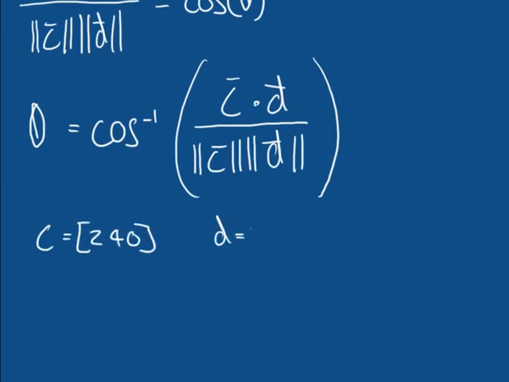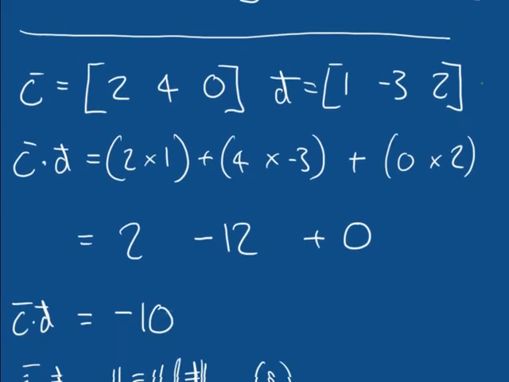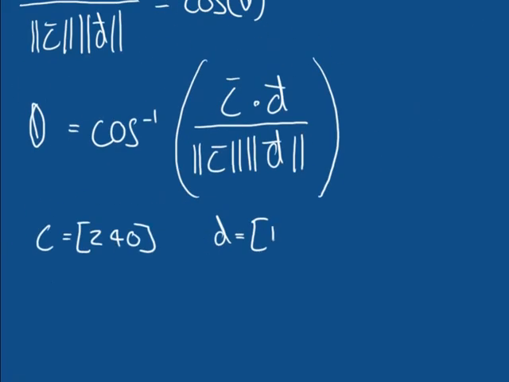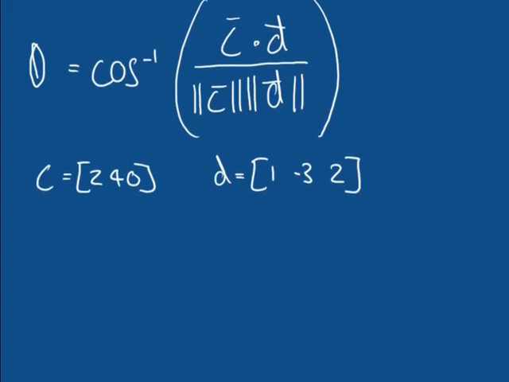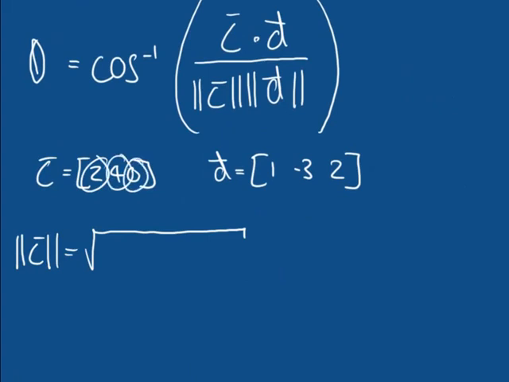And d is equal to 1, minus 3, 2. Fantastic. So we can calculate the length of c, the magnitude of c. We know the magnitude of c is equal to the square root of x squared plus y squared plus z squared. So it's equal to the square root of 2 squared plus 4 squared plus 0 squared.